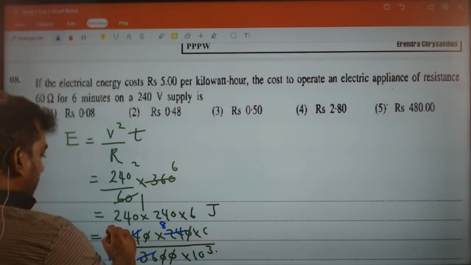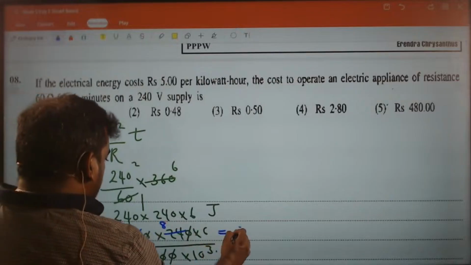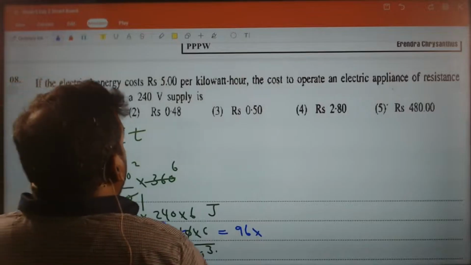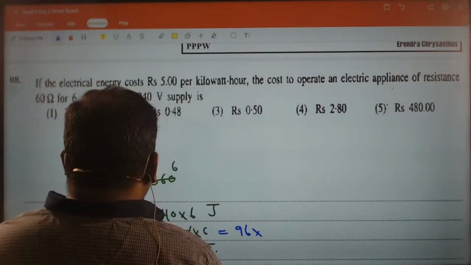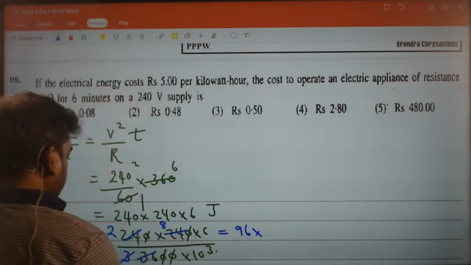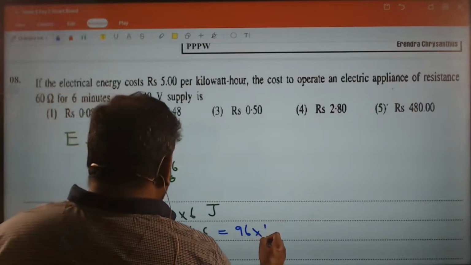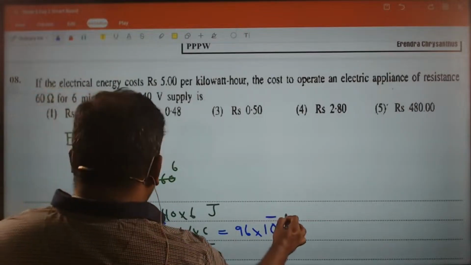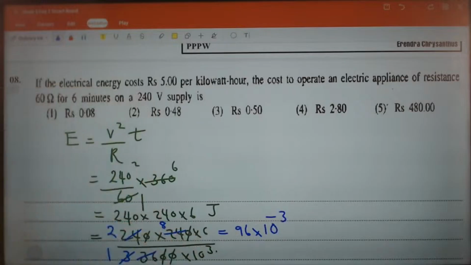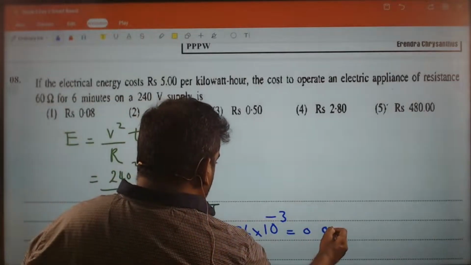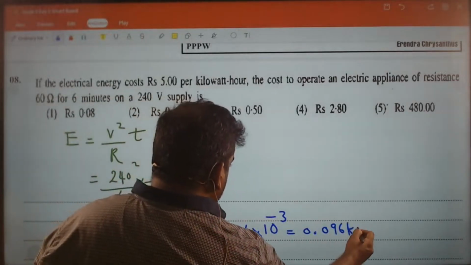Simplify. 16 times 6, 96. 96 times 10 to the power minus 3. So much of joules converted to kilowatt hour. So it is 0.096 kilowatt hour.